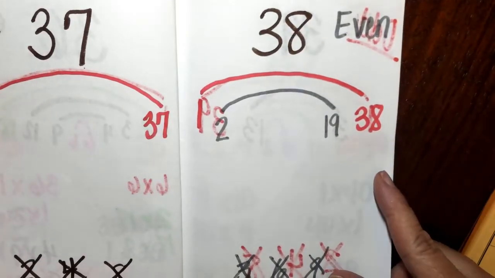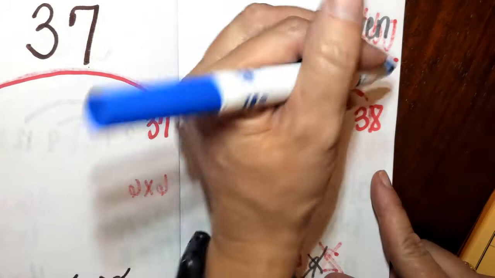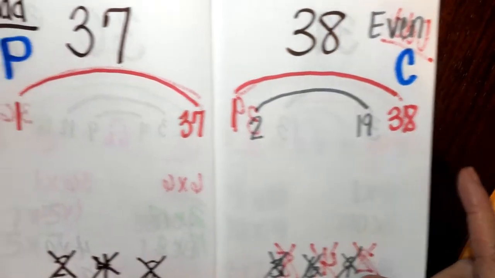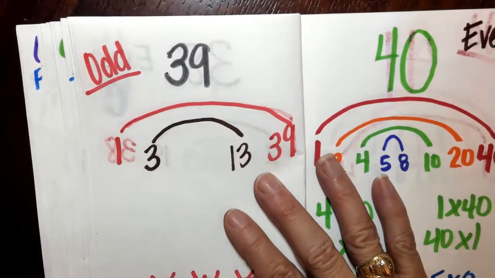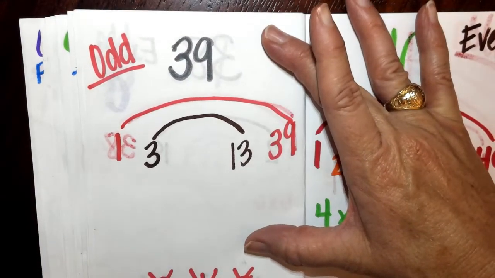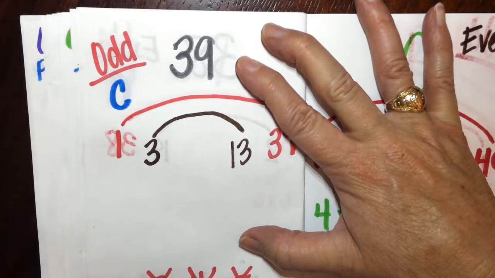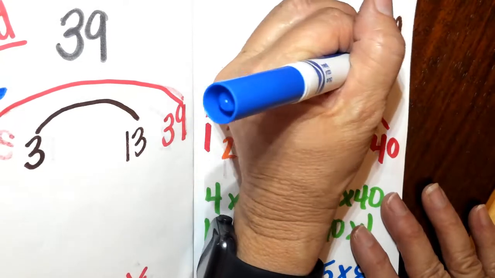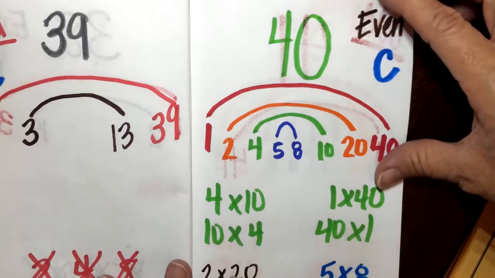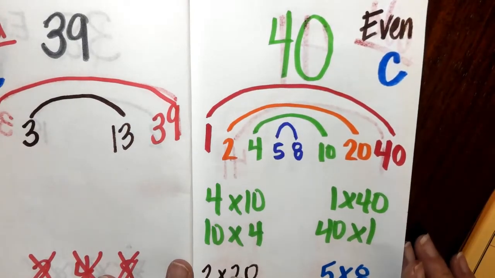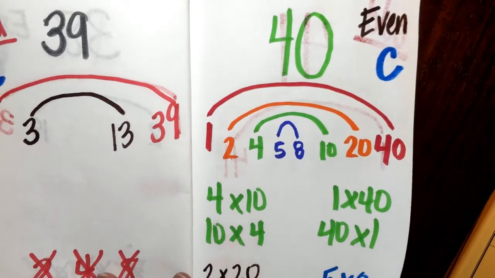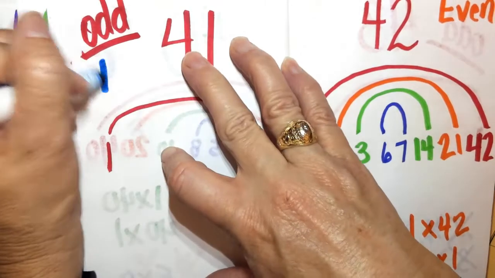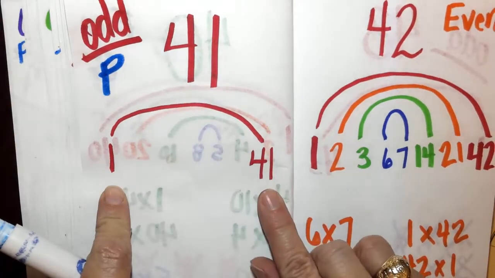Number 38 is even, so we know it's composite because it's divisible by the number 2. Looking at the number 39, it is a multiple of 3, so it is composite. The number 40 is composite because it is even and it has many factors. The number 41 is prime. Only 2 factors, 1 and 41.